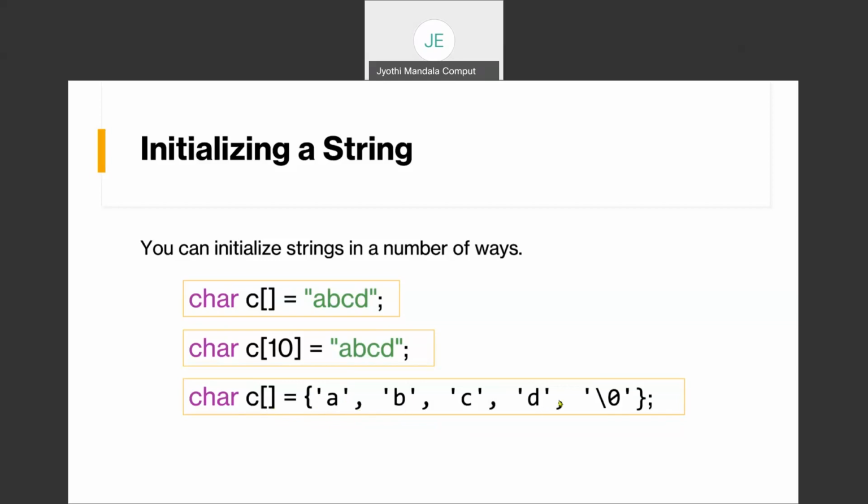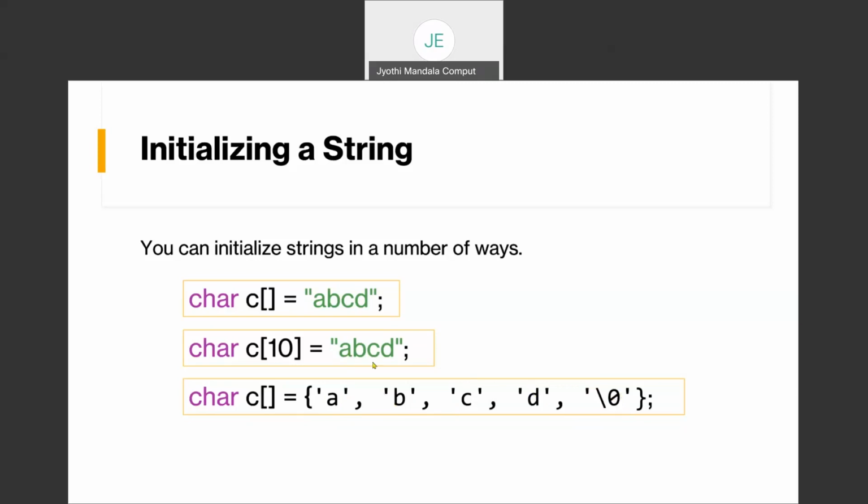Do you remember that one? Similarly here also, you are mentioning individual values; instead of putting it in double quotes, you put it single character-wise, and this is a character, that's why we need to put it in single quotes. And A, B, C, D values you have done, and it is your responsibility to tell the last value as \0 if you are mentioning individual characters like this.